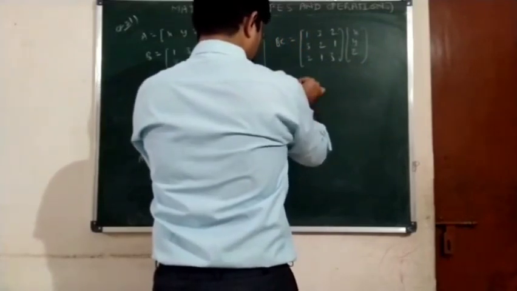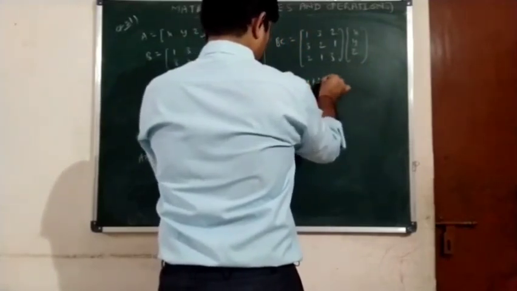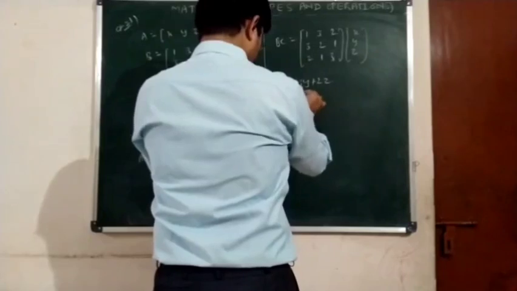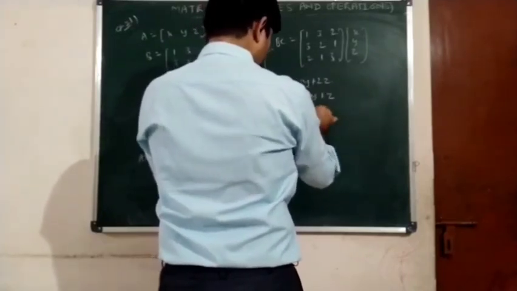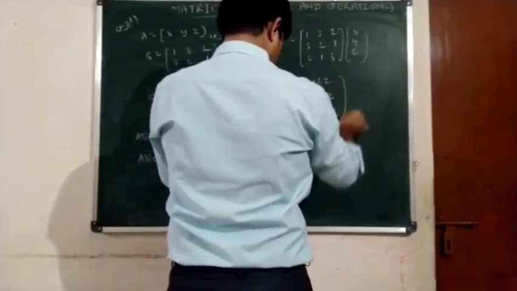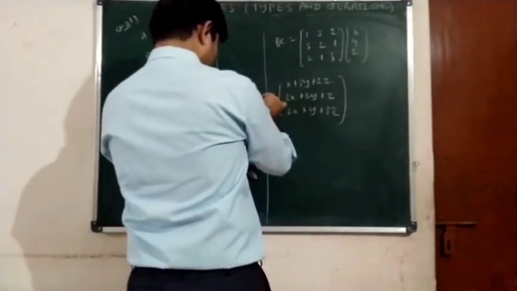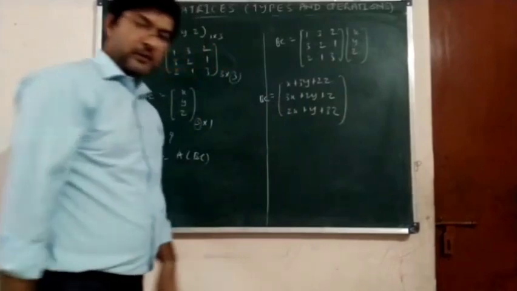So x, 3z. This is the product matrix BC.